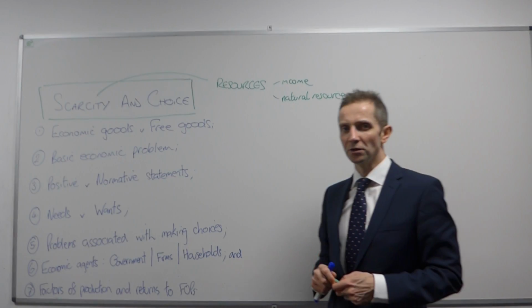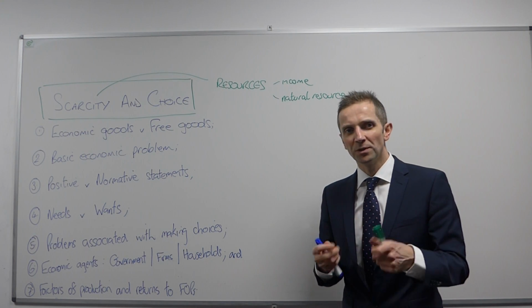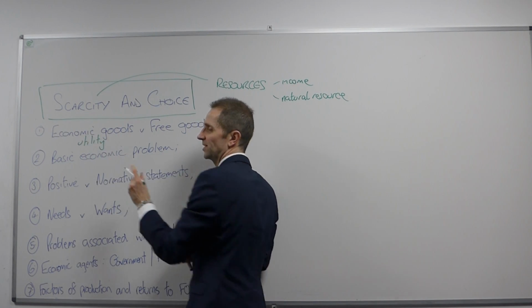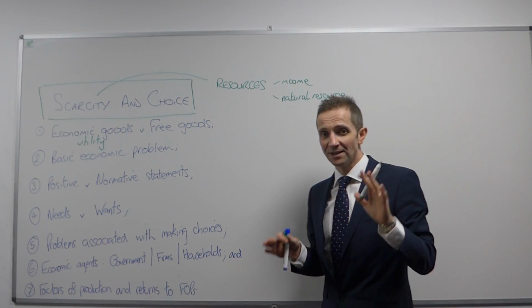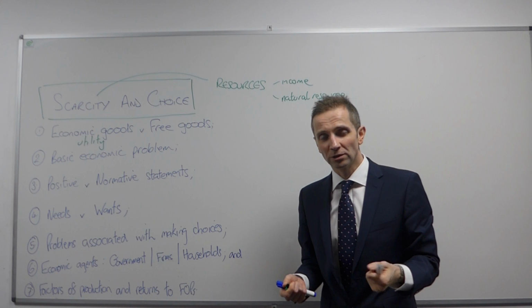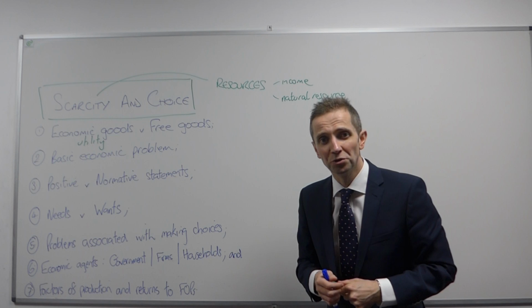Economic goods and free goods. So most goods that you consume that provide you with some sort of utility or satisfaction would be referred to as economic goods. They usually come with a financial cost associated with them, and also an opportunity cost.